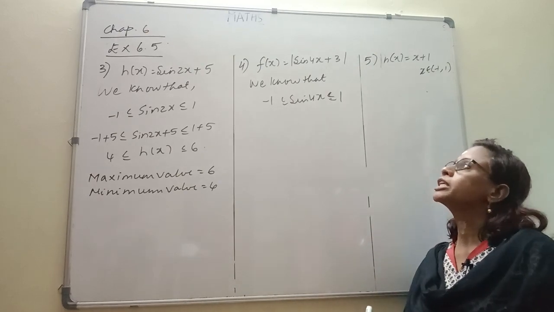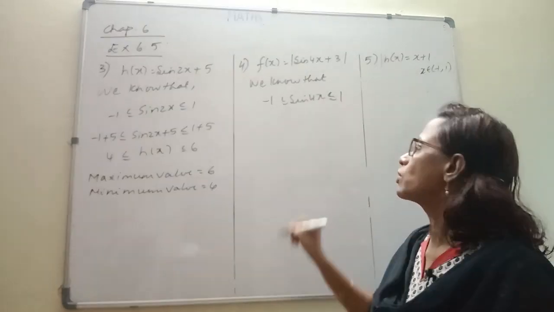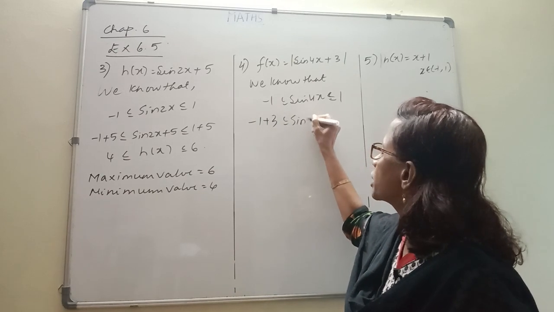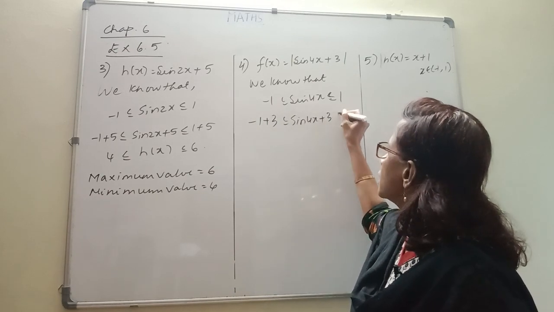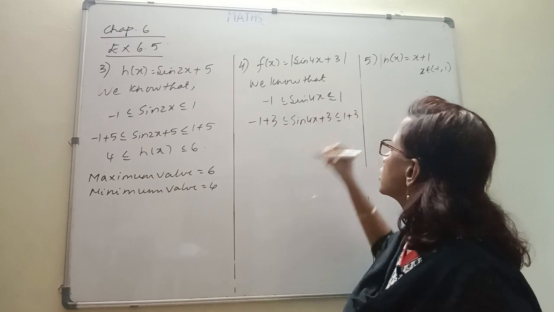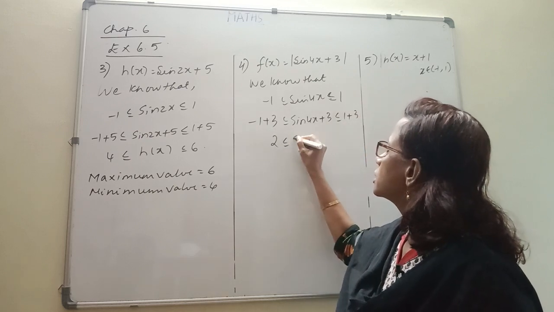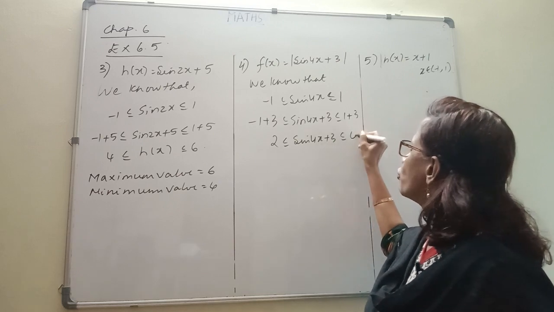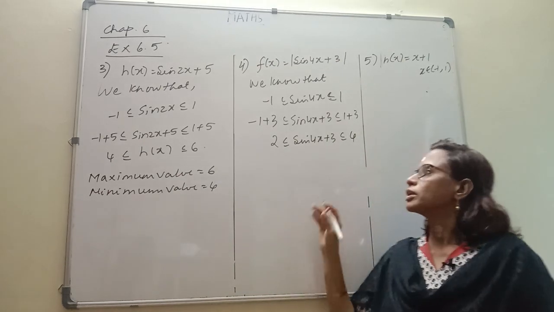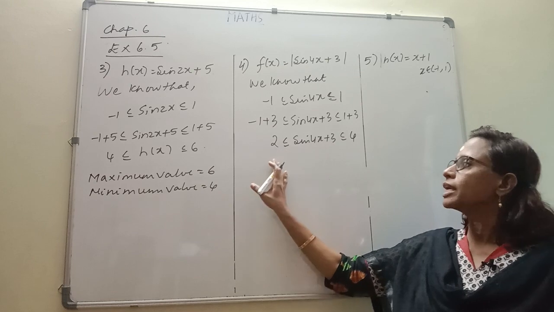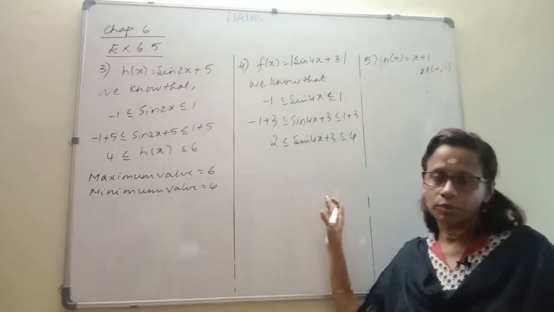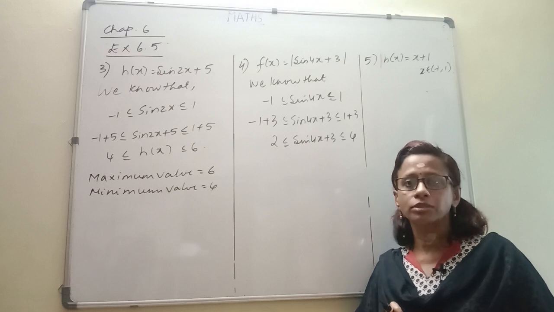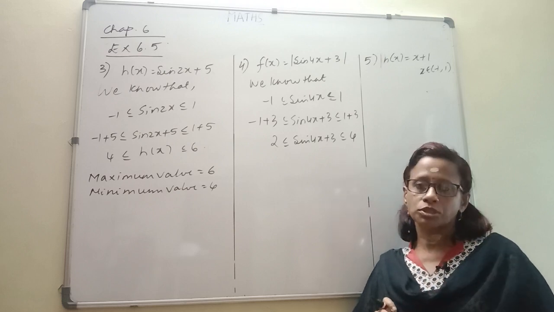Since the function has a +3, we will add 3 on all sides. So it's -1 plus 3, sine 4x plus 3, and 1 plus 3. So here it's 2, sine 4x plus 3, and 4. Now luckily for you, this sine 4x plus 3 is lying between 2 and 4. Because it's lying between 2 and 4, even if you take the modulus, it doesn't matter, because anyhow it's lying between positive values.